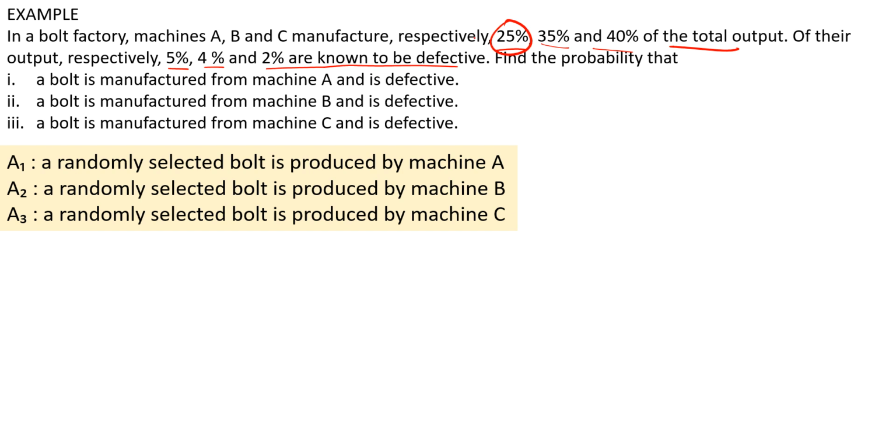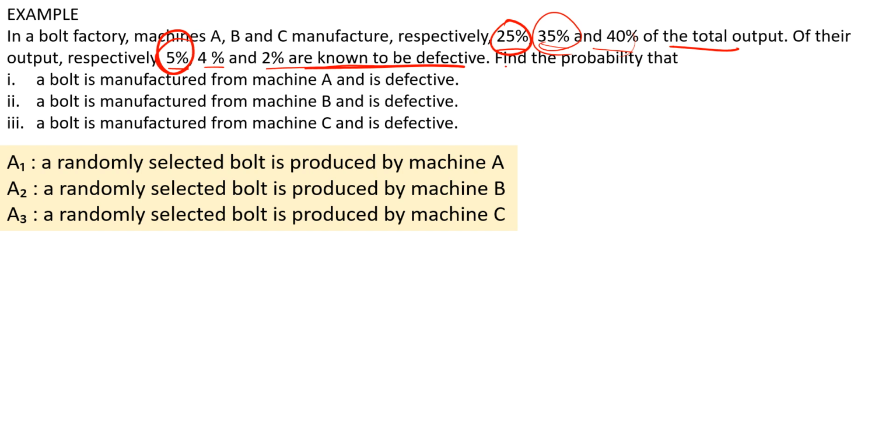Out of those 25% that machine A has produced, 5% are known to be defective. Similarly, B produces 35% of total output, and whatever B is producing, 4% are known to be defective. And similarly, whatever C produces, 2% are known to be defective.